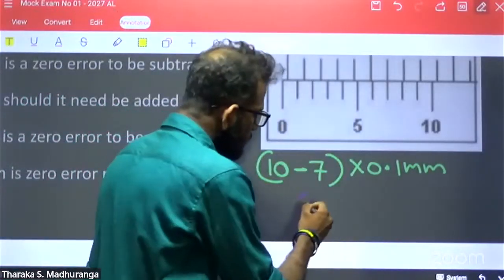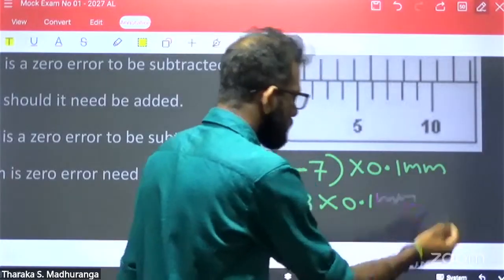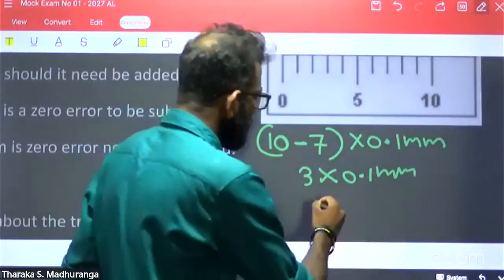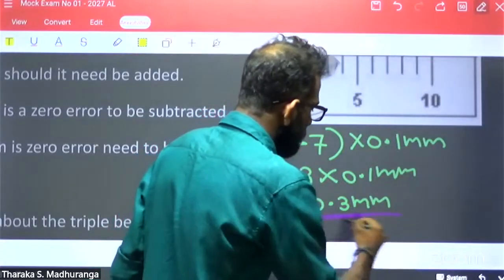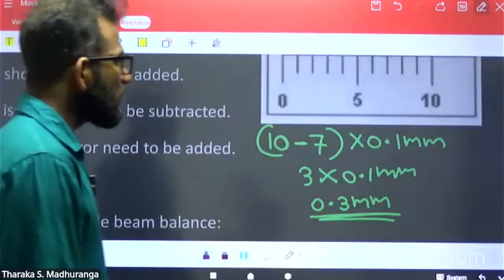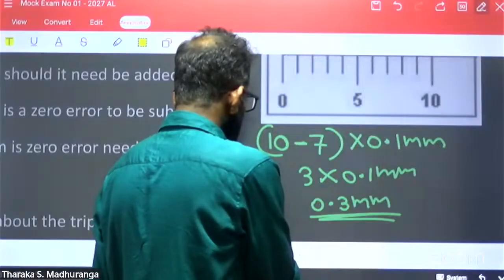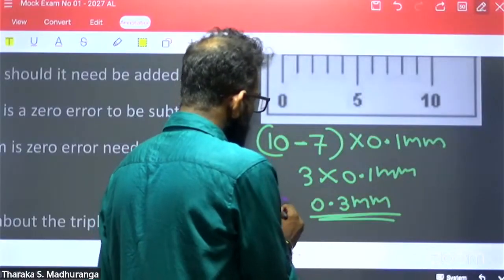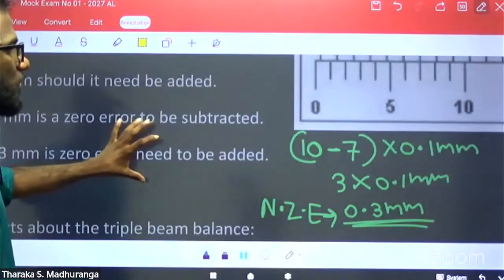This value is 3 multiplied by 0.1 millimeter, so the value is 0.3 millimeter. The negative zero error is 0.3 millimeter.